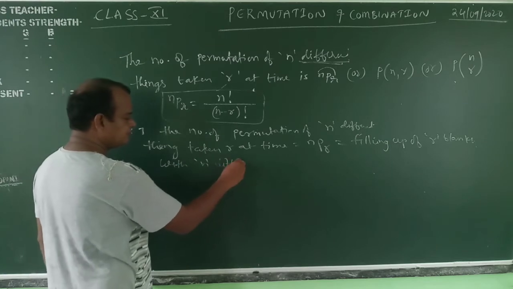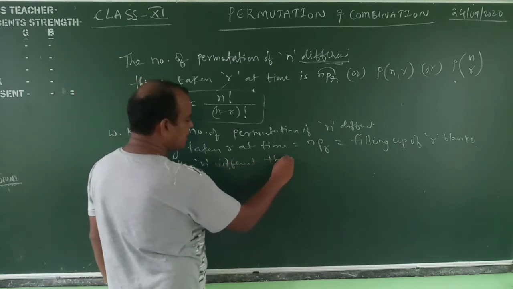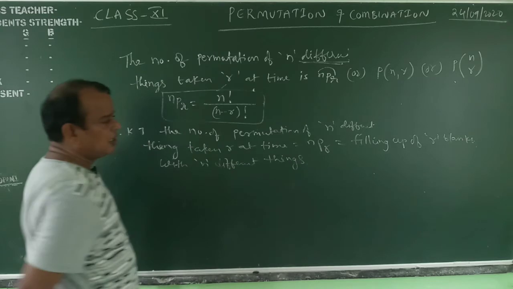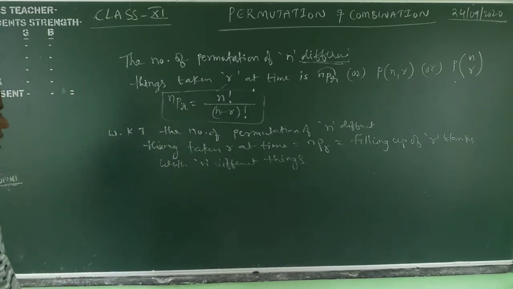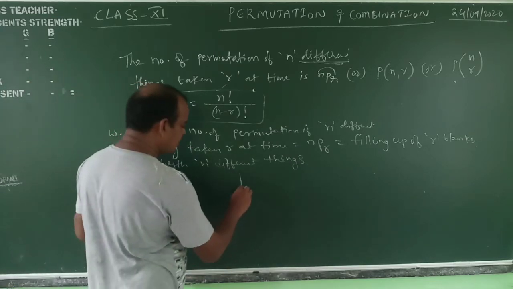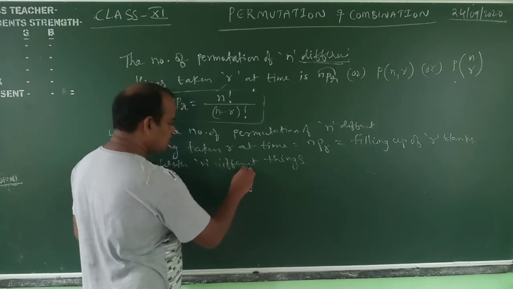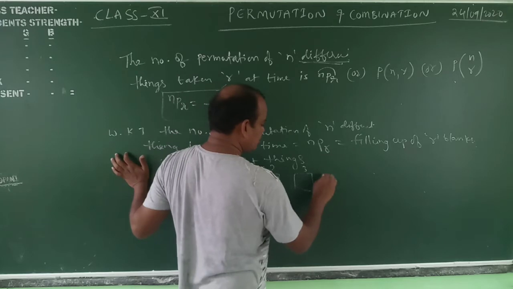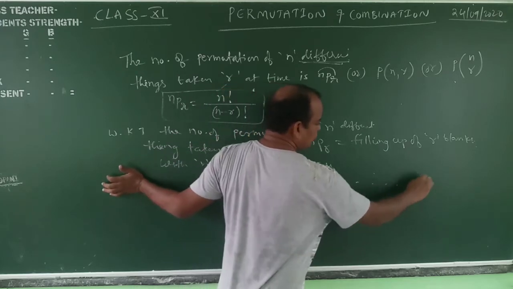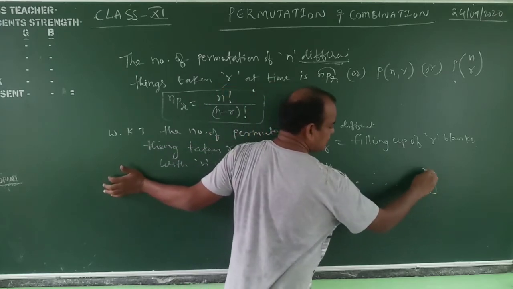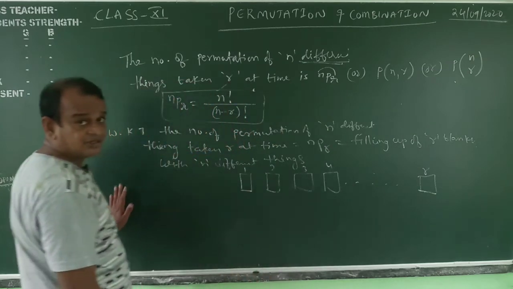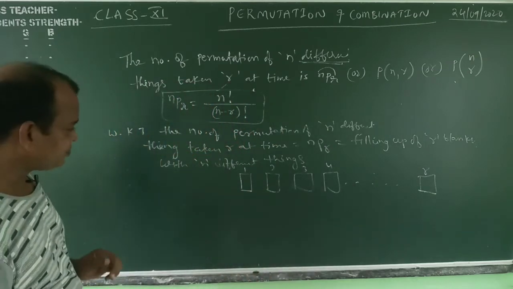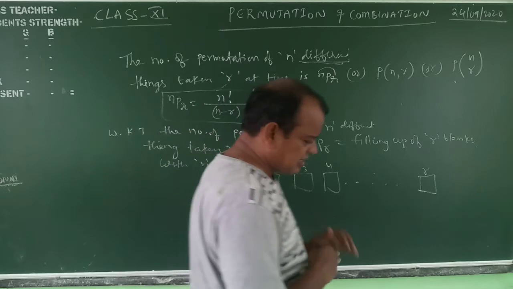Both are the same. Now we will take r blanks 1, 2, 3, 4. This is the r blanks. Observe clearly, my dear students. Now, just think logically.